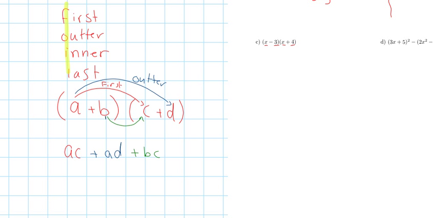I just want you to see what's happening technically. You're going to hear me say FOIL, but you need to understand that I'm referring to this. Technically, you're taking the first term and multiplying it by both terms inside the second bracket. Then you're taking your second term and multiplying it by both terms in the second bracket.